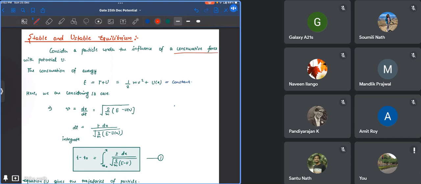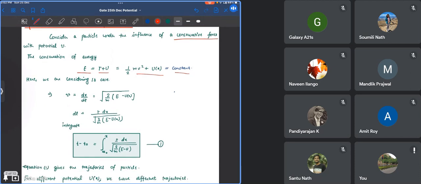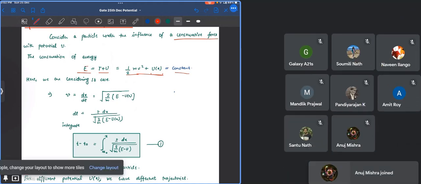So our total energy, which is the sum of kinetic energy and potential energy, is going to be constant in this system. Then you can just take E as some constant.